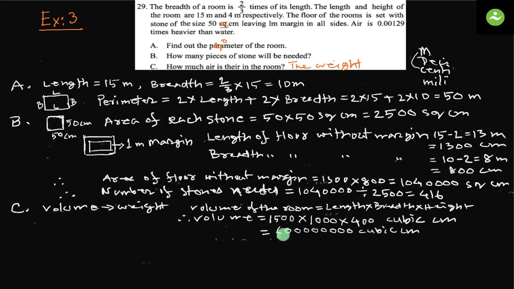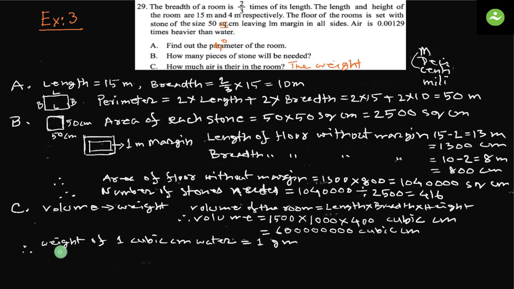Now that we got the volume of the room, let's find the weight of water. We have to find the weight of air from the weight of water. Weight of 1 cubic centimeter water equals 1 gram.